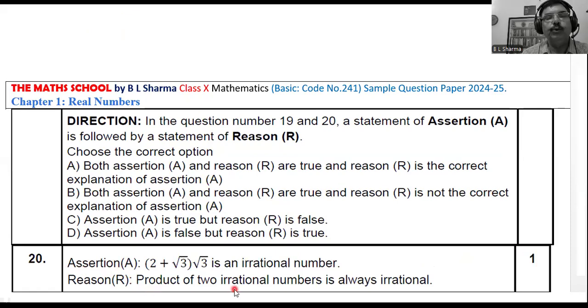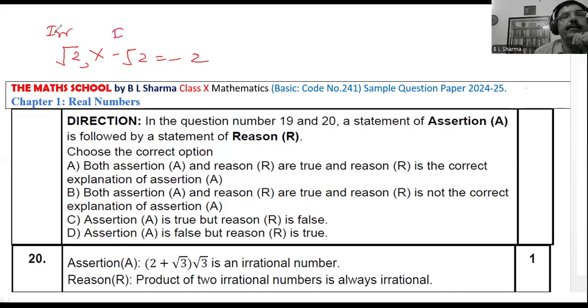Reason is: product of two irrational numbers is always irrational. ये ठीक है क्या? इसको चेक करते हैं. देखिए, I am taking two irrational numbers. Can I take one root 2 and other is minus root 2? That is minus 2. देखिए ये इरेशनल है, ये इरेशनल है, but minus 2 is rational. तो ये तो बात ठीक नहीं हुई.